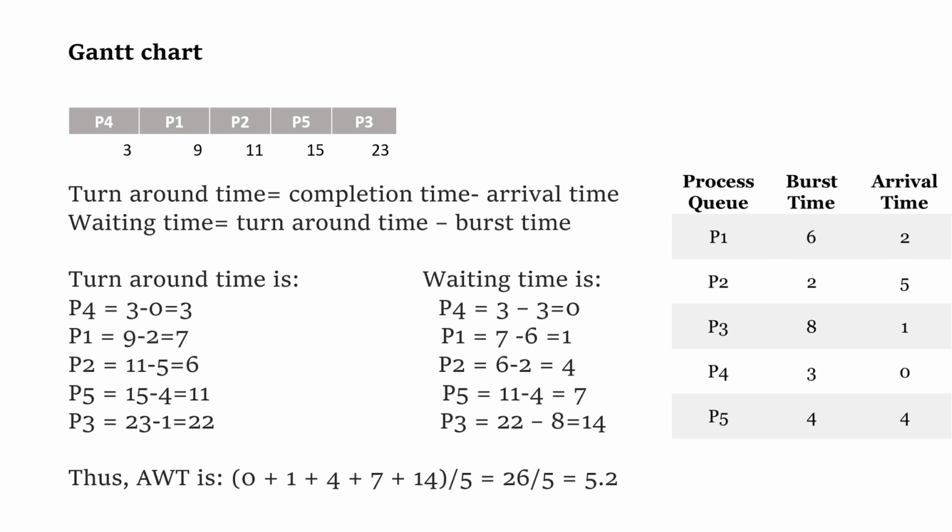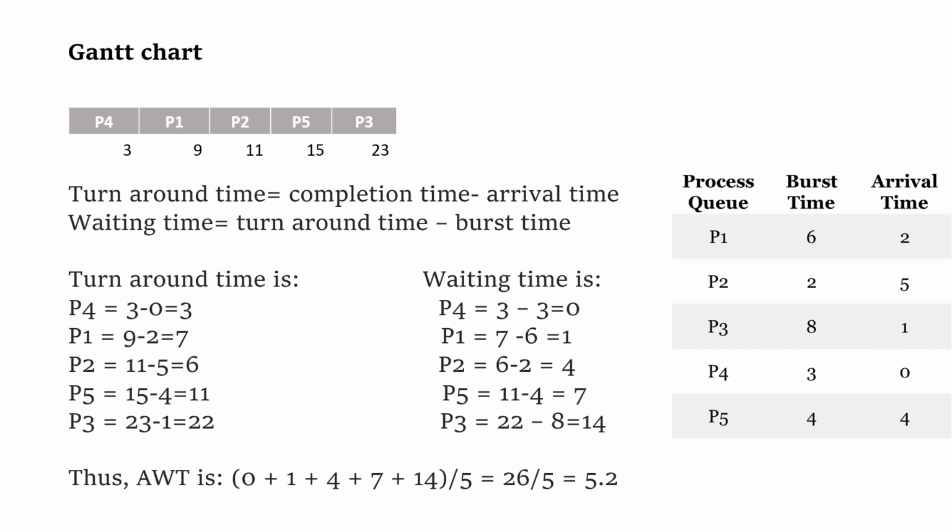Then P1 arrives, so it holds the CPU and completes at 9. Since it is a non-preemptive approach, then P2 executes, and so on up to P3, which completes its execution at 23.